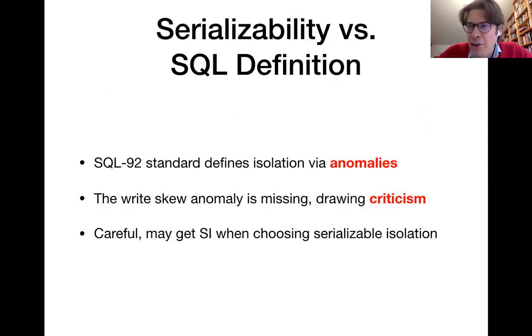Now, write skew is one example for an anomaly that isn't really mentioned in those anomalies that we have seen initially. The anomalies that we have seen initially are based on the SQL standard. And the fact that there are some concurrency control protocols which have anomalies that are not really mentioned in the standard has actually led to criticism of the SQL standard.